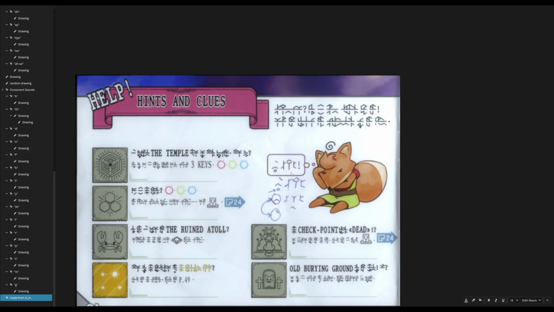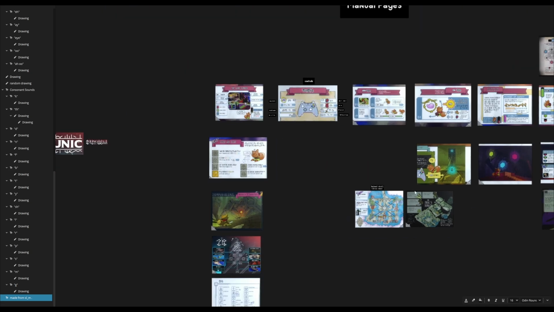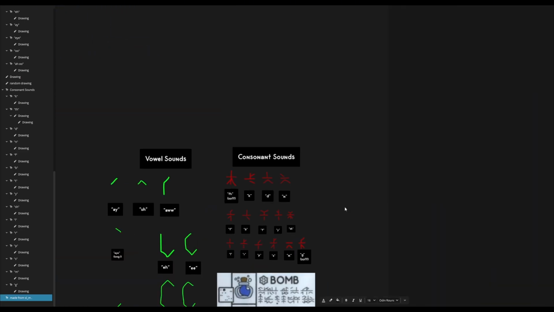Hints and clues. S T K. Stuck. That says I'm stuck. Okay, so that must be what the circle means. That must be what this is written down here. So normally it seems that I just got caught up on this a little bit.